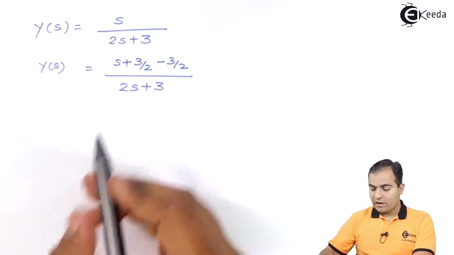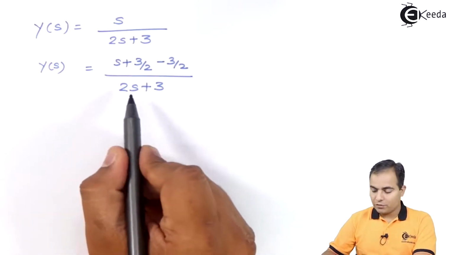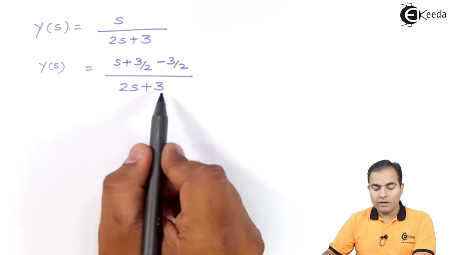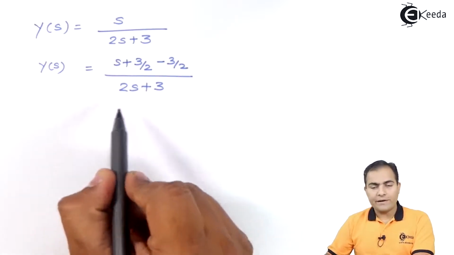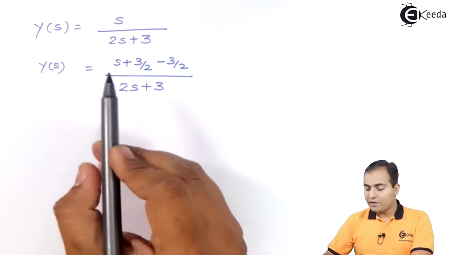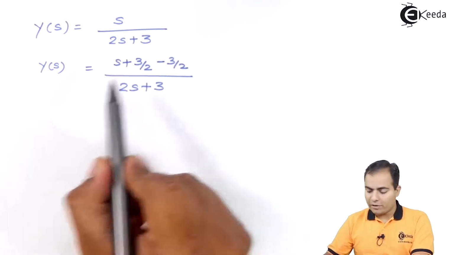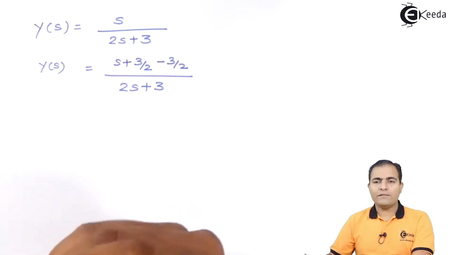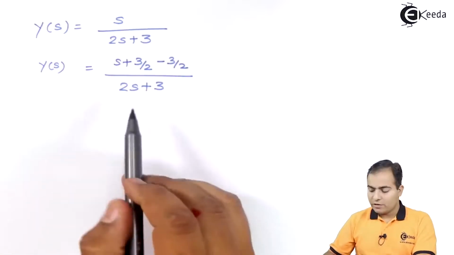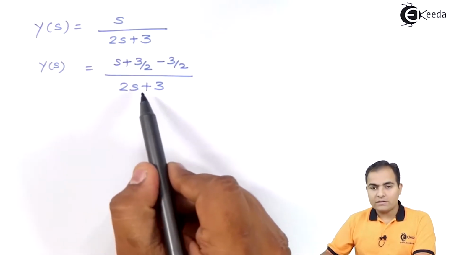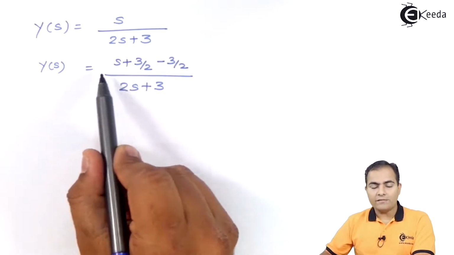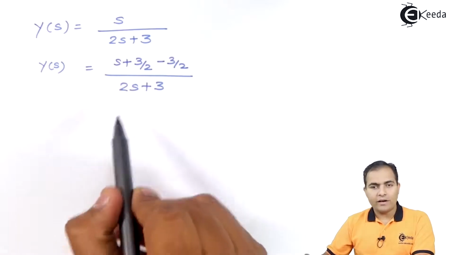Now, I'll take 2 common from the denominator. So, what will you get? If I take 2 common from the denominator, you can say simply multiply by half and divide by half, or simply divide numerator and denominator by 2. There are different ways to take 2 common.